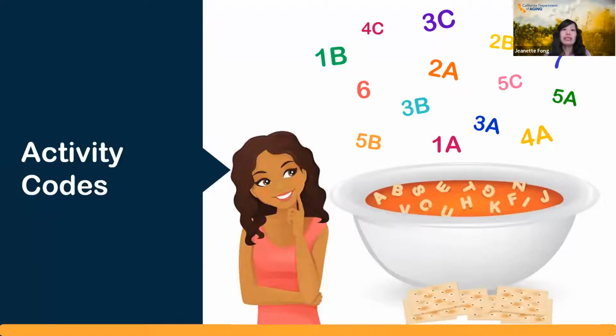Okay, so that was the MAC overview portion. Let's get into the fun stuff now and look at the actual activity codes that you'll be using to code your time. So floating above this bowl of alphabet soup are 15 activity codes. These 15 codes represent all of the codes that you will potentially need to use to code your activities throughout the workday.